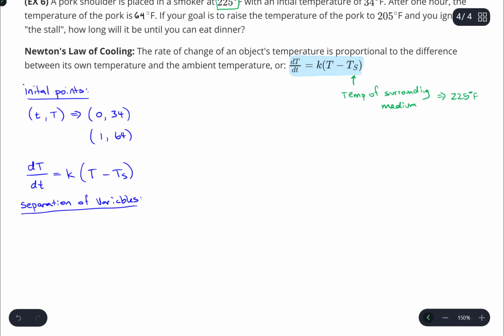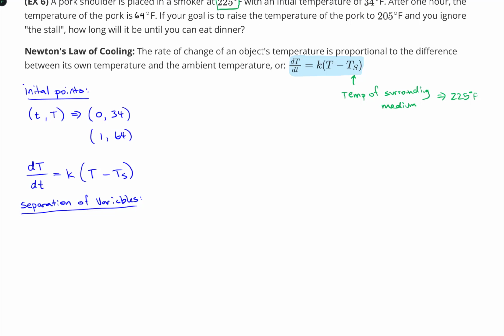Now, remember, k is a constant of proportionality. T sub S is a constant, the temperature of the surrounding medium. So we don't have to worry about separating those variables since they're constants. It's only capital T and lowercase t. All right, so let's see what we can do here.